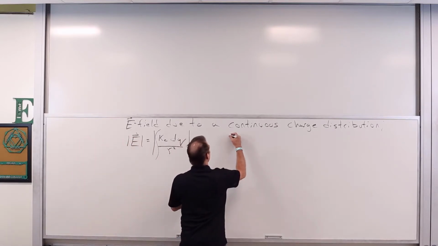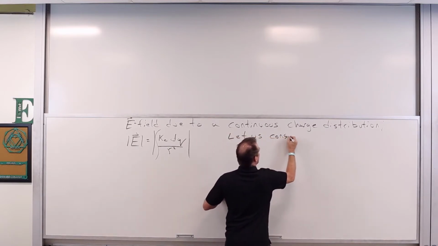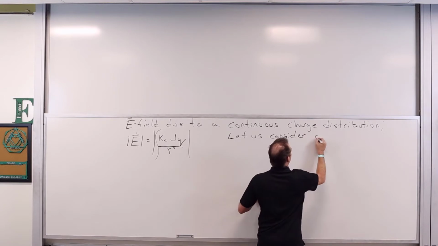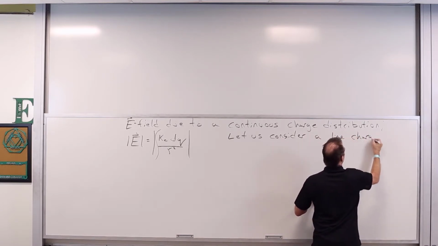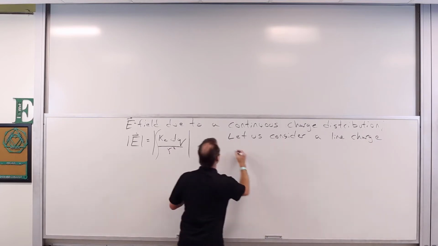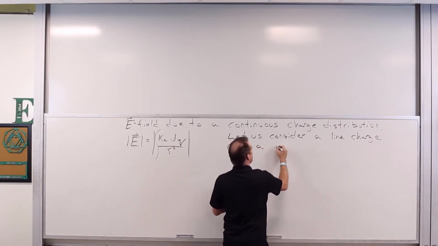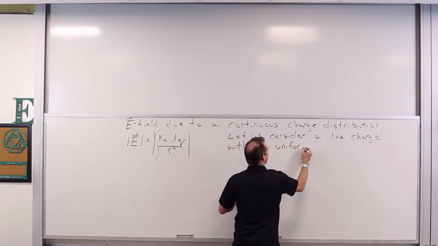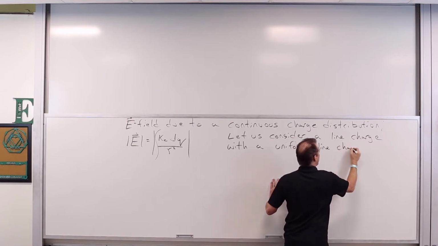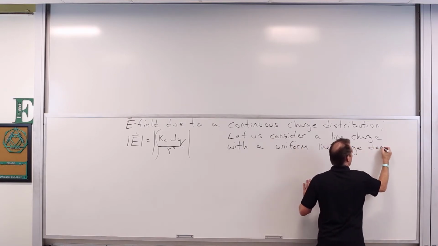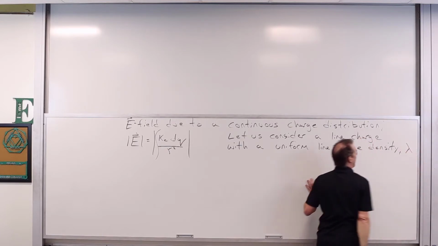Let us consider a continuous line charge with a uniform line charge density lambda.